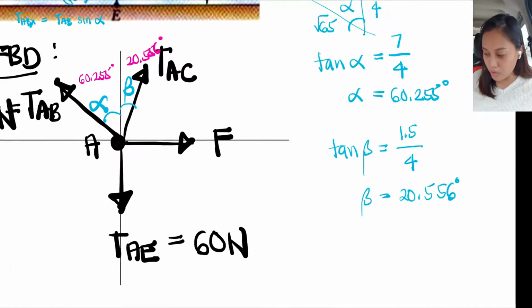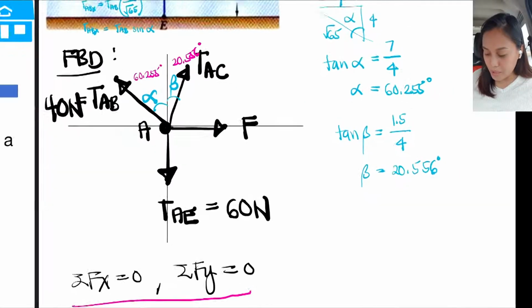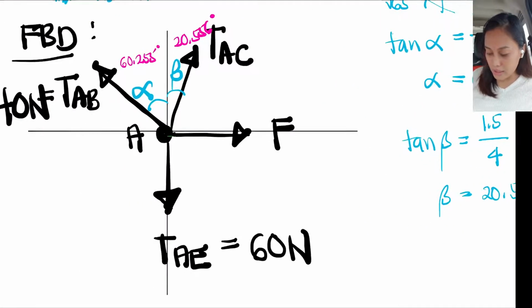So, looking at the figure, let me change the color. Okay. So this is going to the right along x. Look at the forces along x. The force F, the TAC, its x component, TACX, goes to the right, meaning positive based on our assumption. Then we have TAB, whose component along x is TABX.